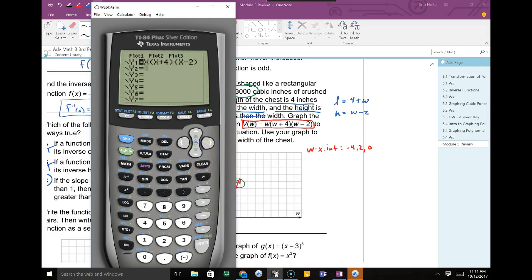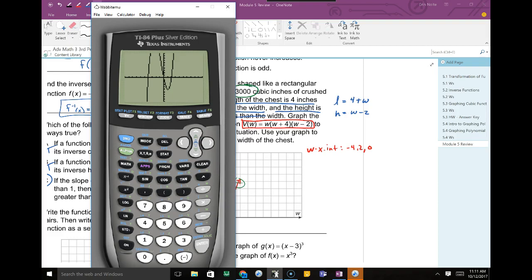What's my second equation going to be? 3,000. So we want to figure out when the volume is going to reach 3,000. Okay, so if you hit zoom 6, you remember that we have a standard 10 by 10, because who knows who was using that graphing calculator before you. I don't know what window it is. The height of that is 10.